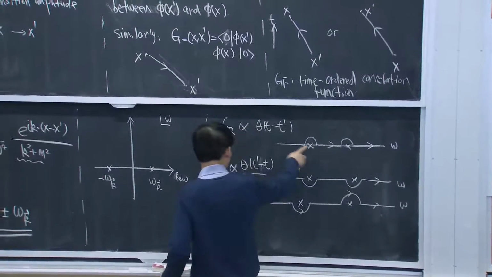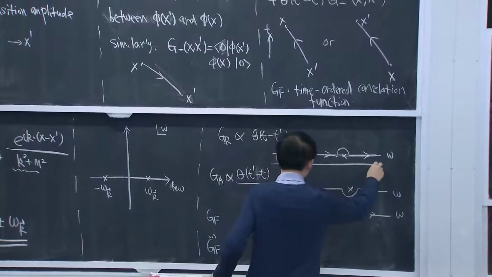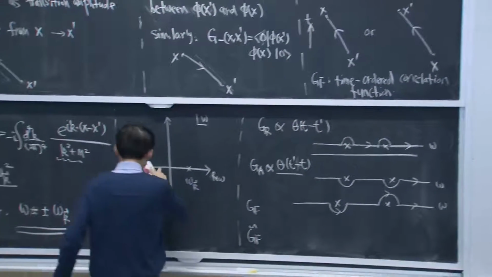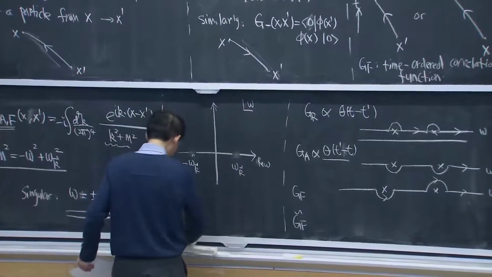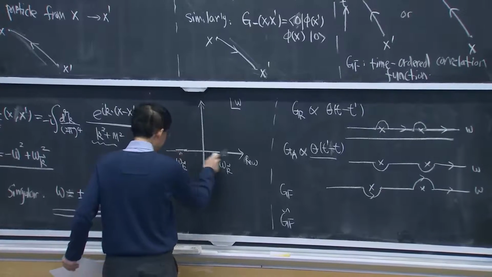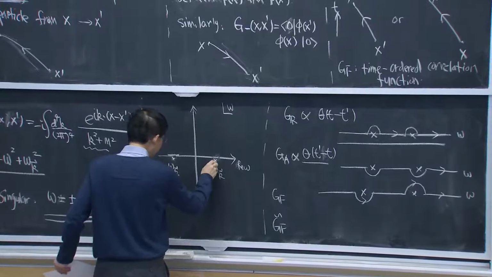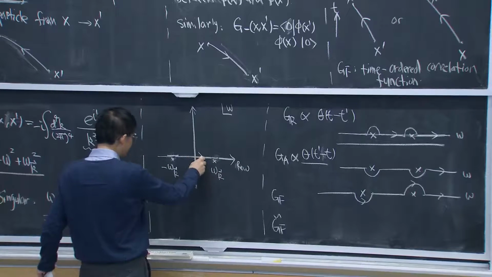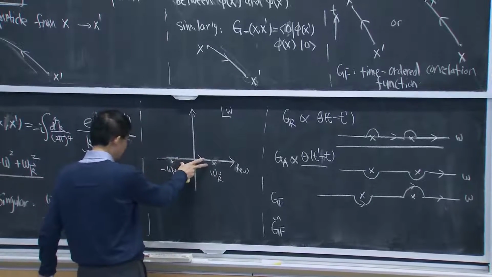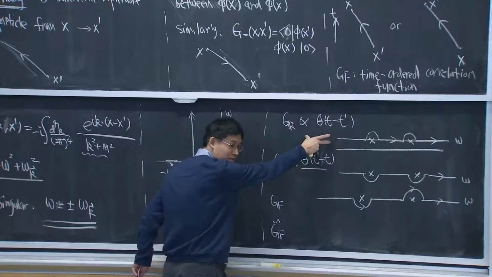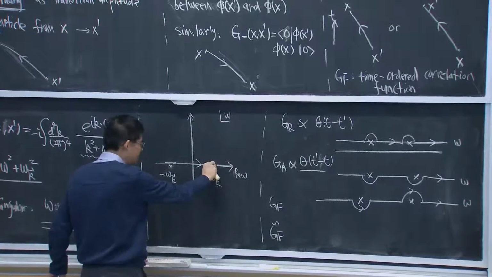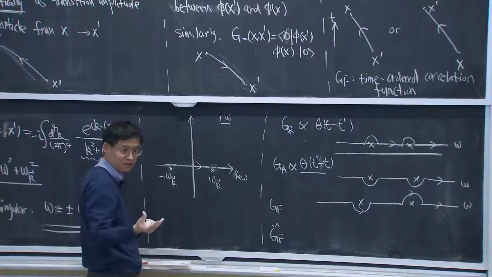Okay, for example, for the retarded, this is the same if I just slightly move the singularity by a tiny bit below the real axis. So if my integral contour is like this, then this is equivalent to that. If this is just a tiny shift, then this won't affect your answer.